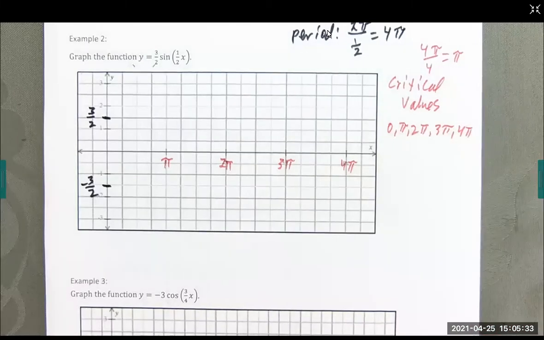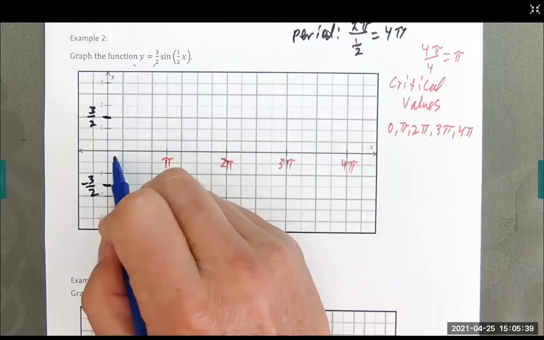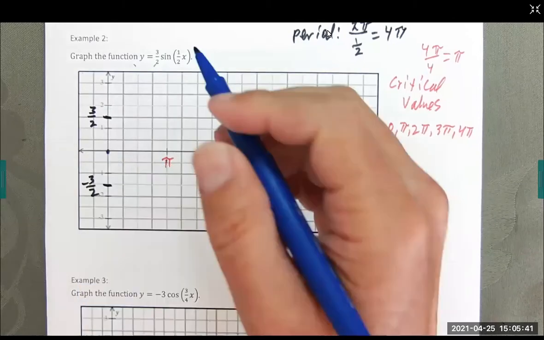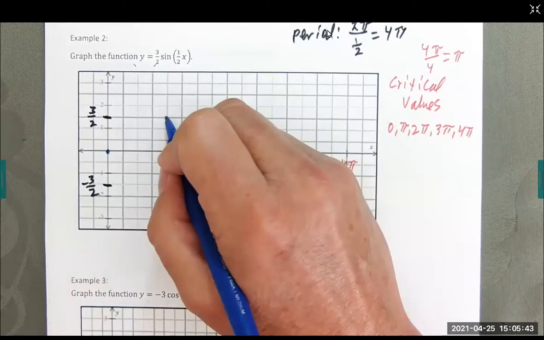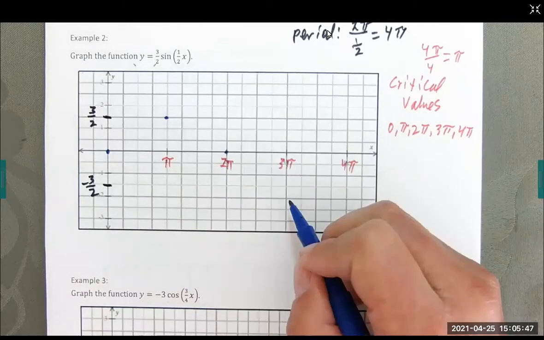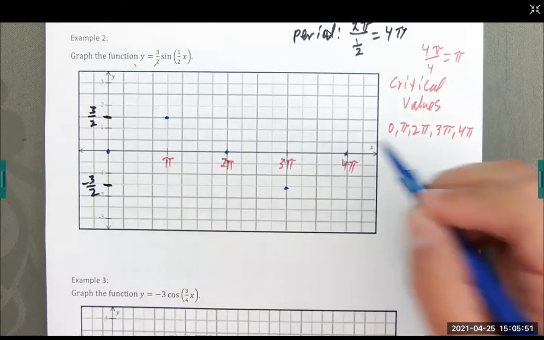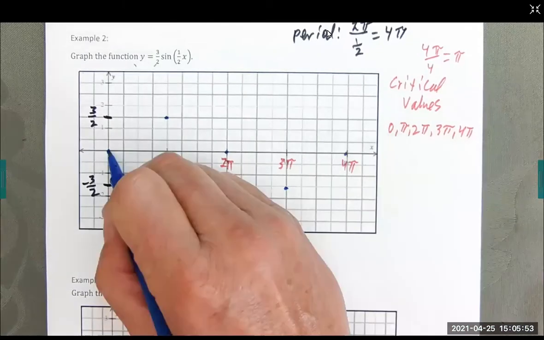Now we're going to graph it. Sine starts down here at 0. And all the way to pi, I'm going to go up to 3/2, back down to 0, down to -3/2, back up to 0. So here is our sine wave.